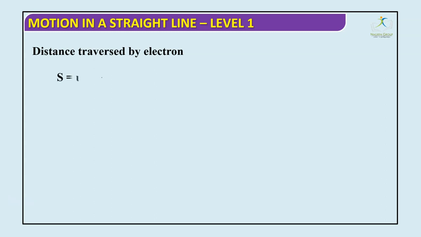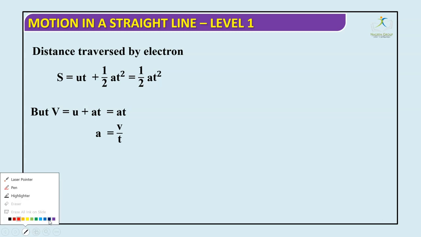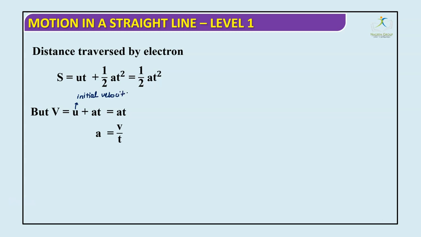Distance traversed s is equal to ut plus half at squared. But v is equal to u plus at, as we know that the initial velocity of the proton is 0, because the particle is at rest.